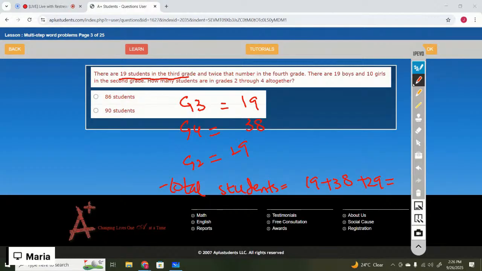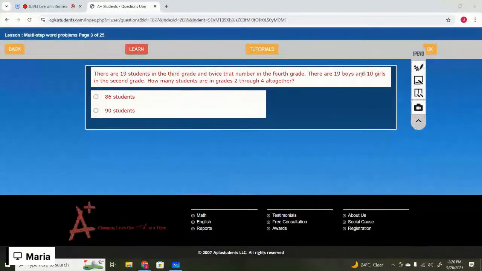There are 19 boys and 10 girls in the second grade. 19 plus 10 is 29. So 19 plus 38 plus 29. So the total students are 86. The correct option is 86. Option number 1 is the correct option.